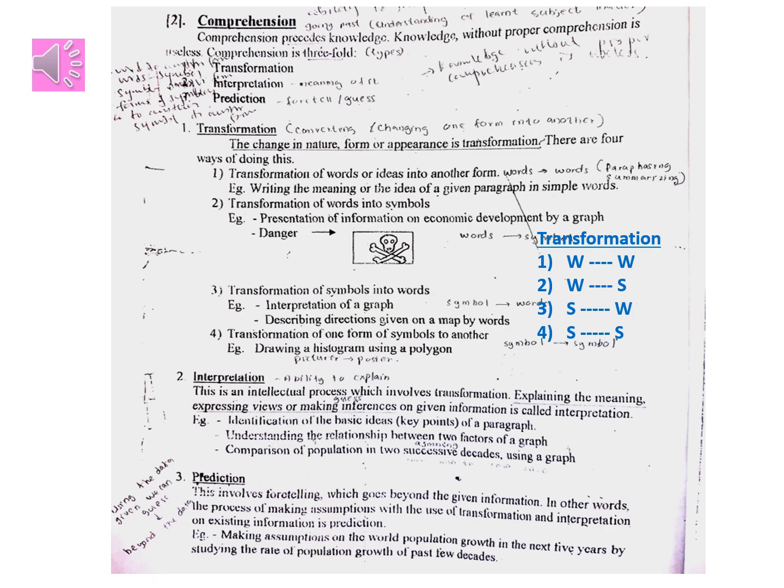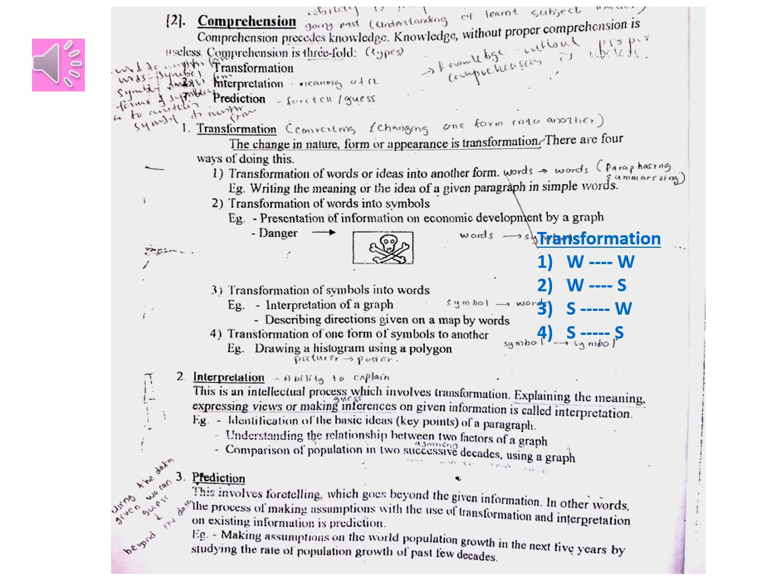Example, making assumptions on the world population growth in the next 5 years by studying the rate of population growth of past few decades. So you read the information of the past few decades of population, then you guess what will happen in the future, in the next 5 years.